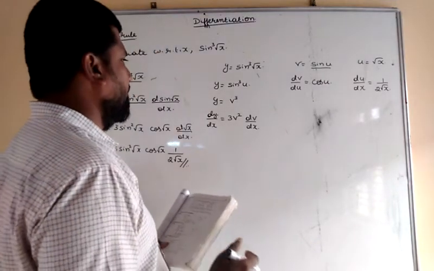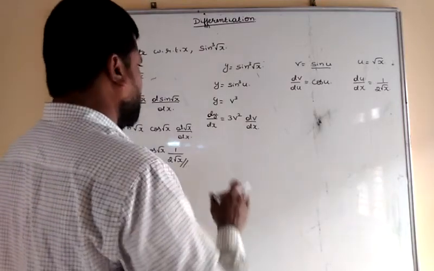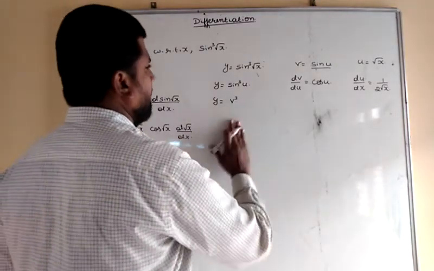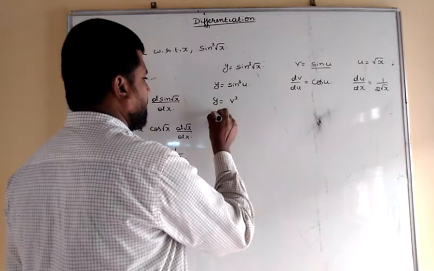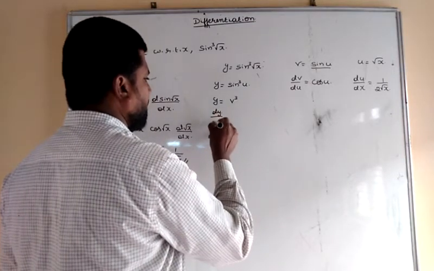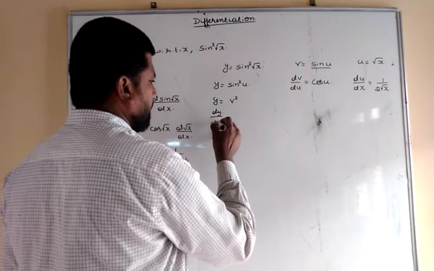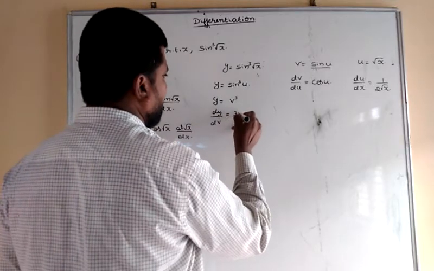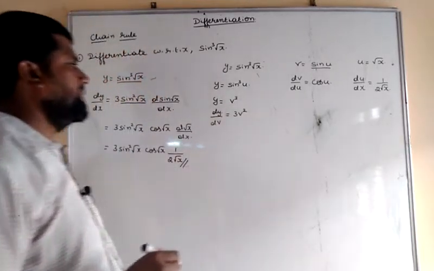So I have differentiated here, sorry, I will differentiate y with respect to v only. With respect to v only means 3v square. Here a little bit of change will happen.